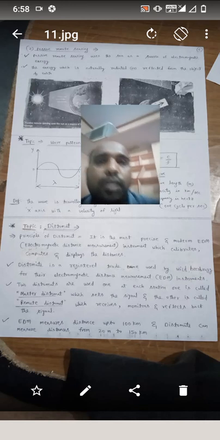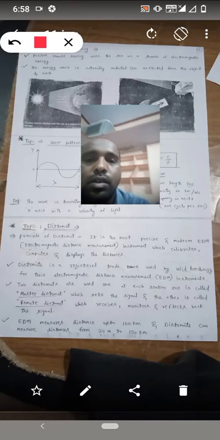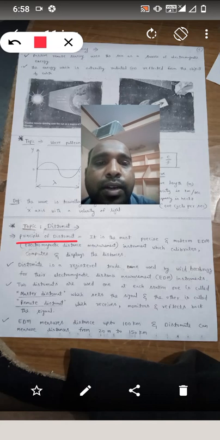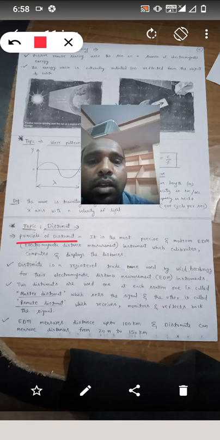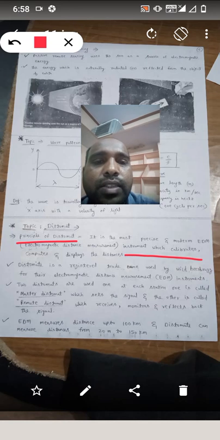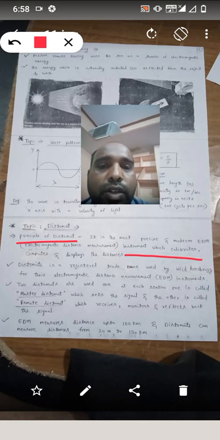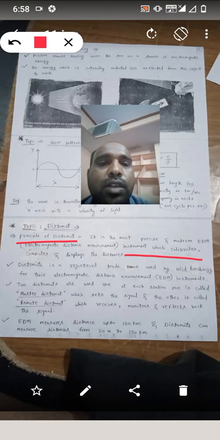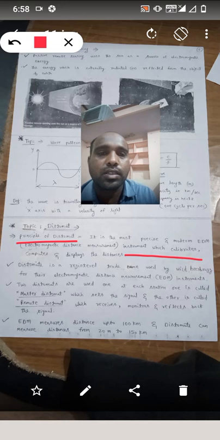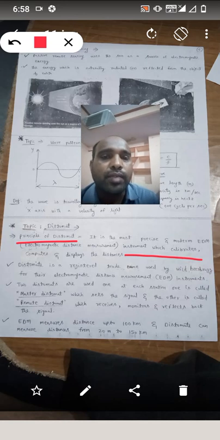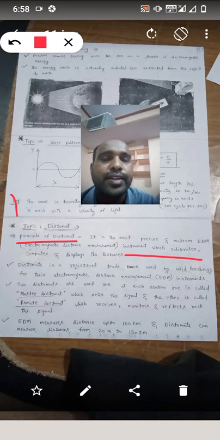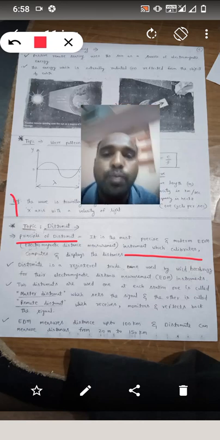Distomat principle. It is a very precise and modern instrument which calibrates, computes and displays the distance. It measures only distance, easily and accurately as compared to older instruments.